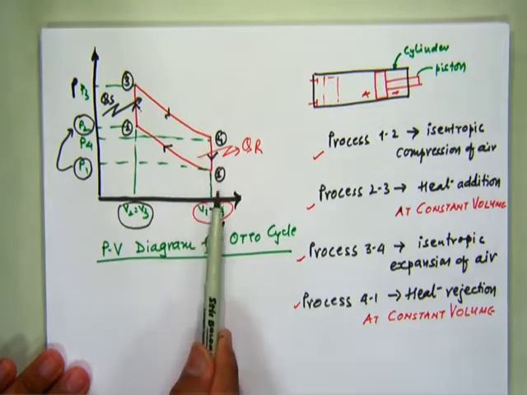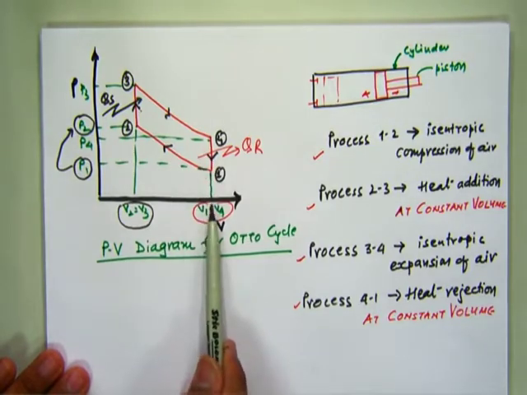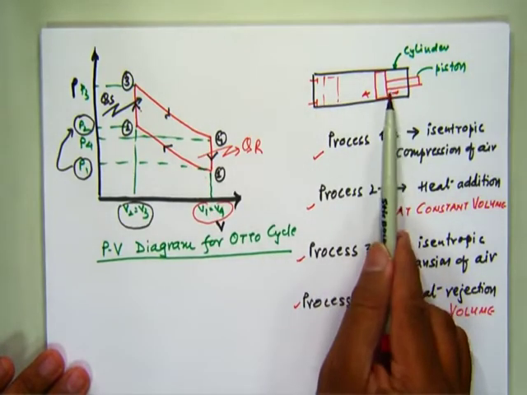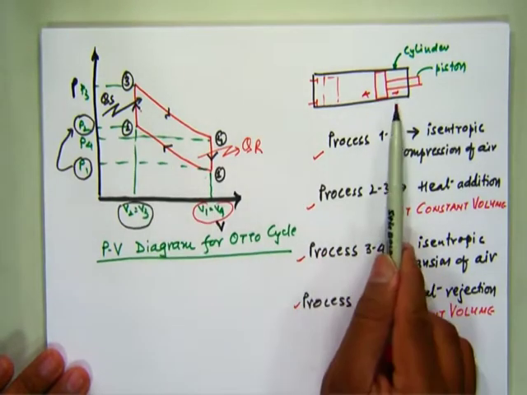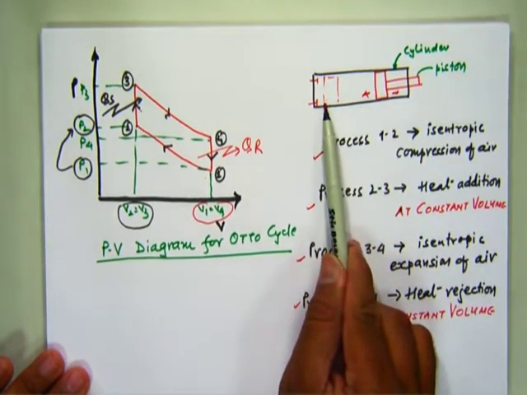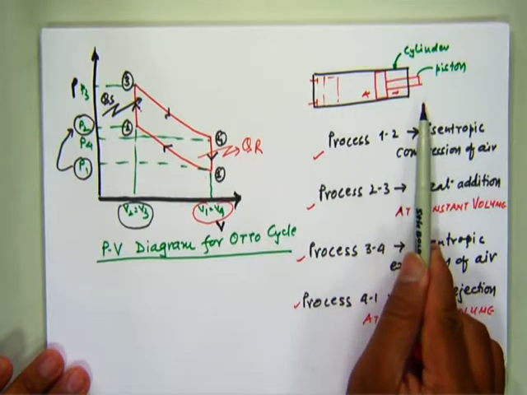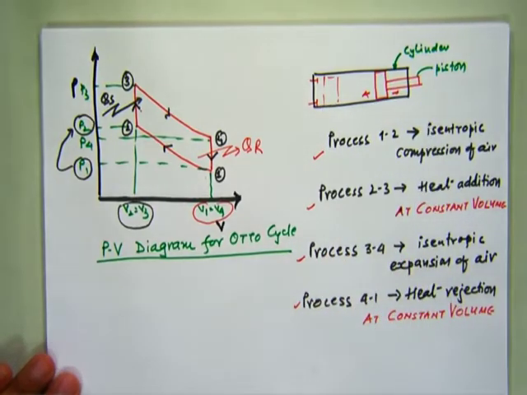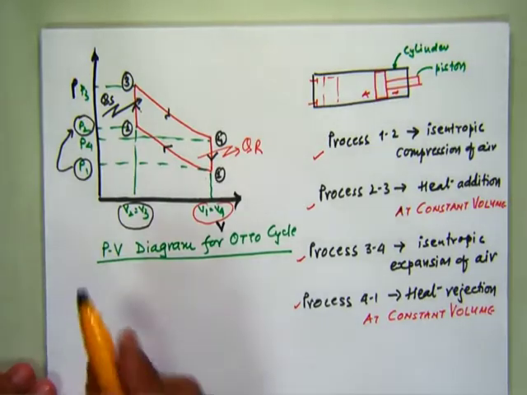And 4-1, heat rejection, constant volume. During process 1-2 the piston moves inside, heat addition takes place, expansion, the piston moves outside. So this understanding will help us to derive the efficiency of the cycle.